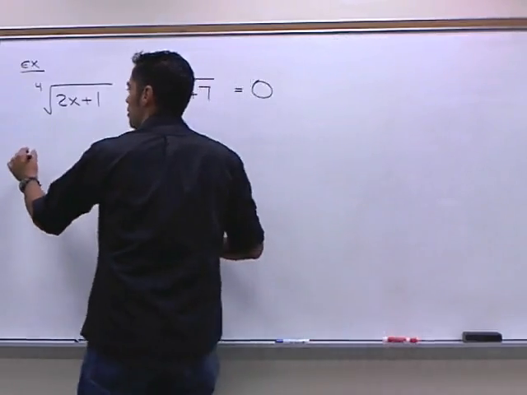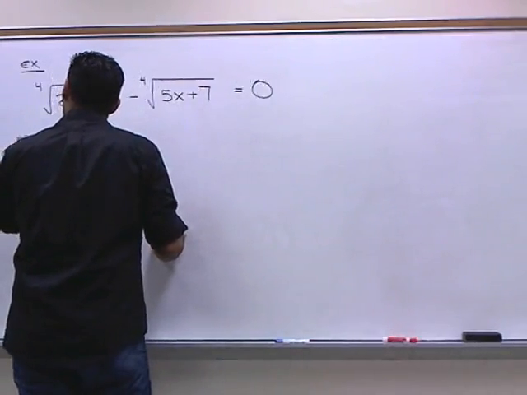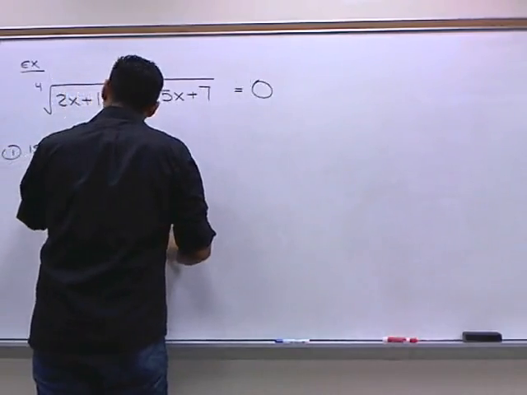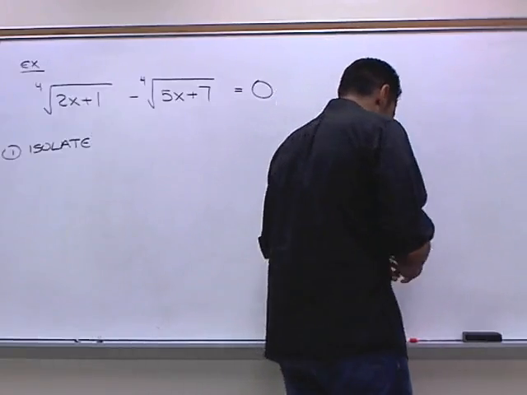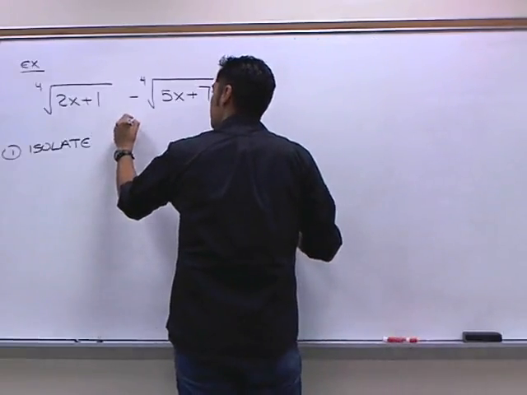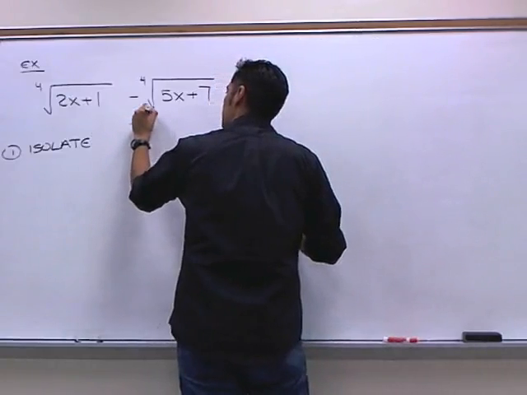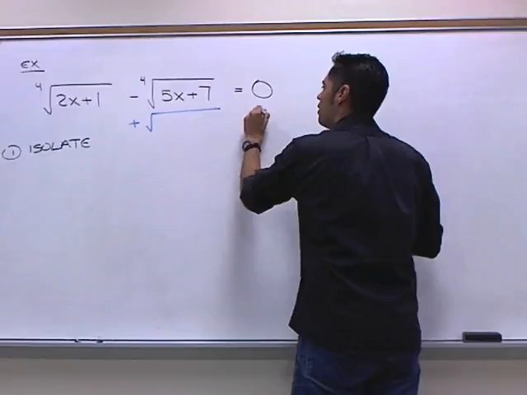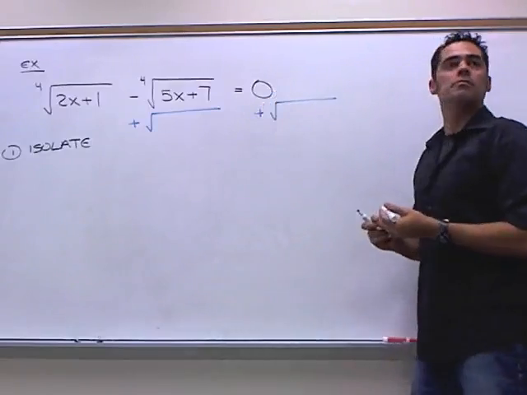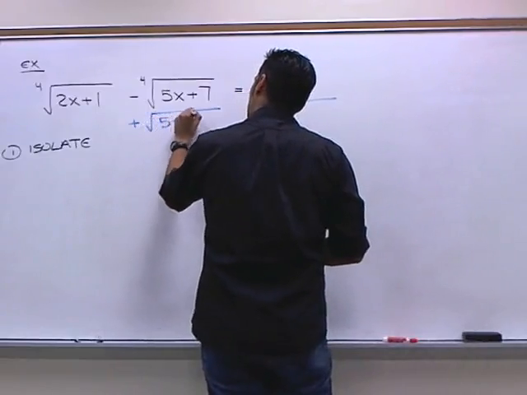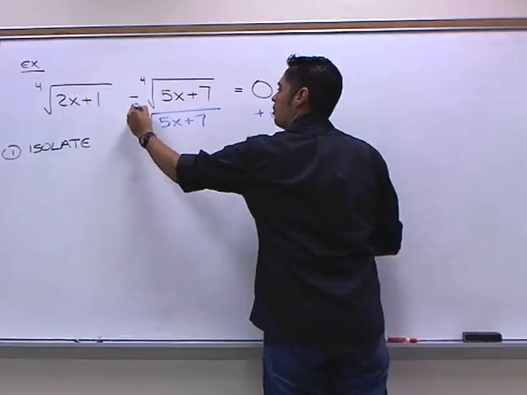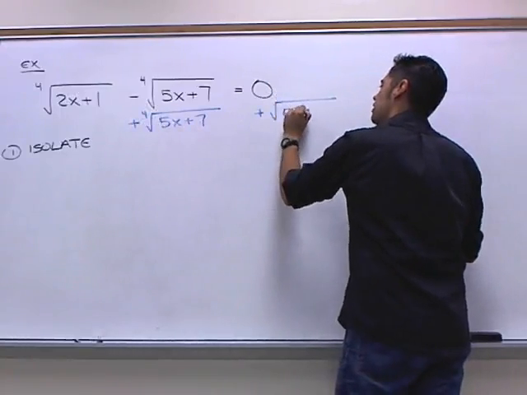So in the isolation step, I'm going to add this root to both sides, the whole root. So this is the fourth root of 5x plus 7 on this side, fourth root 5x plus 7 over here also.